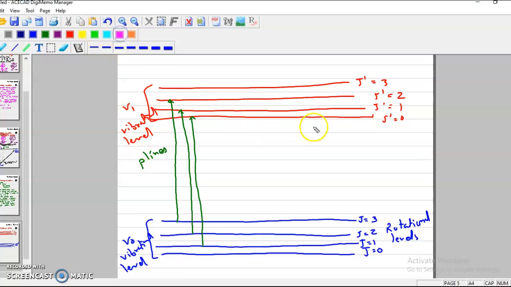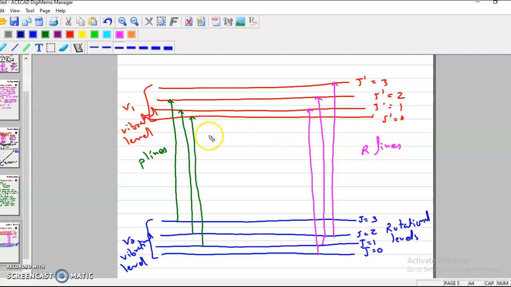Similarly, from the second level of J, the molecules may reach the third level of the higher level, that is from second to third, from first to second, from second to zero, like this. Okay, and these lines are called R lines.